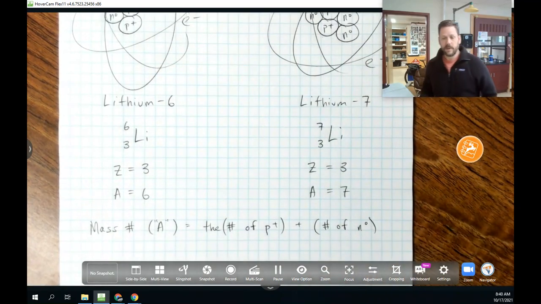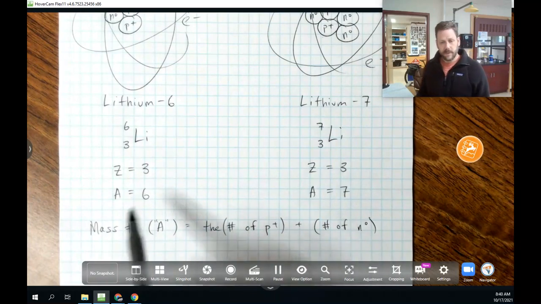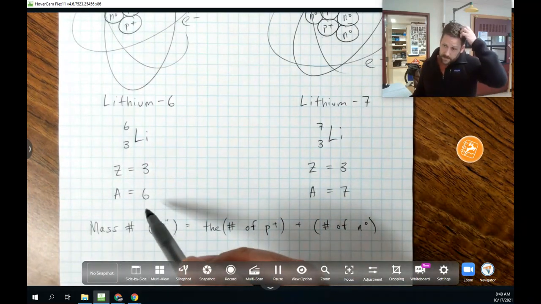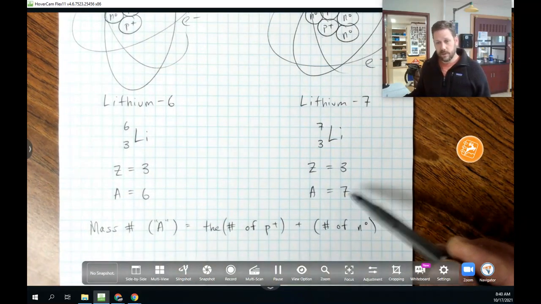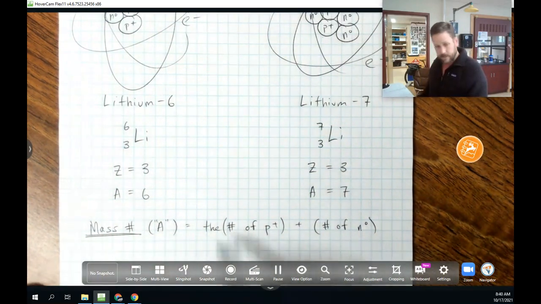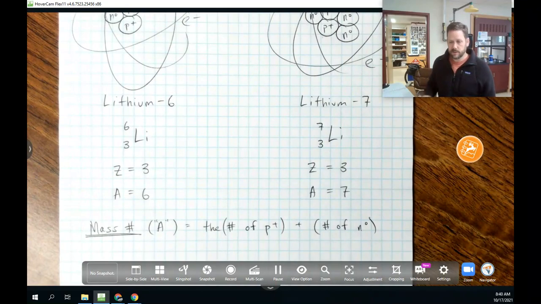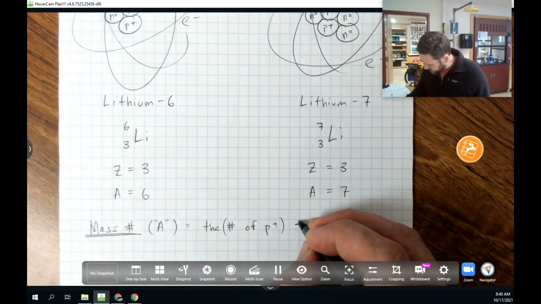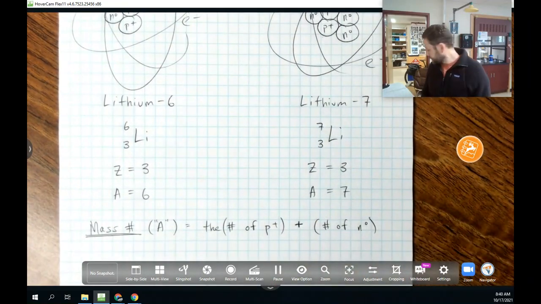So if we take protons and neutrons and add them together, we'll always have a whole number because it's just a counting number of these particles. We'll always have a whole number.